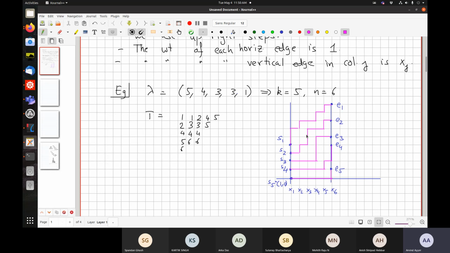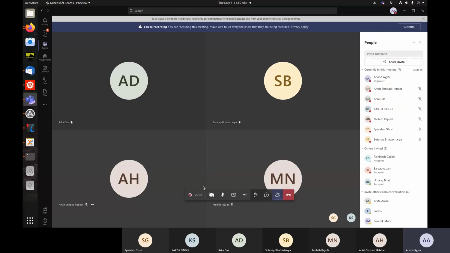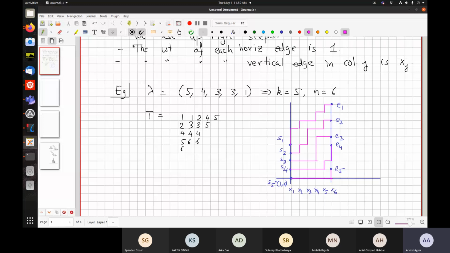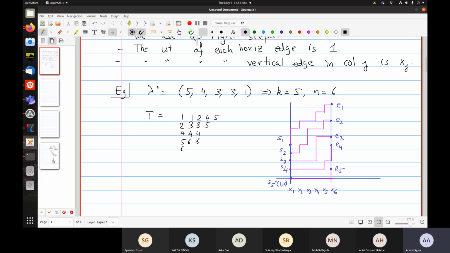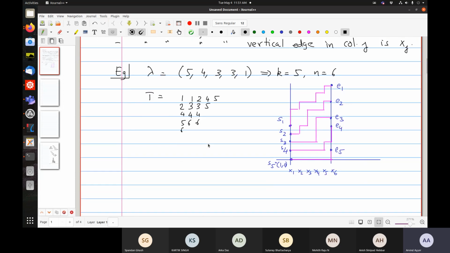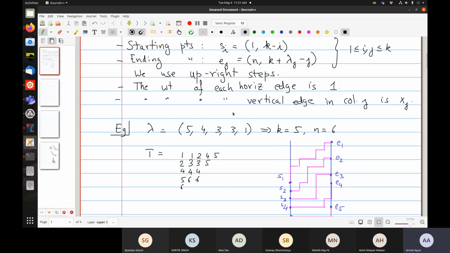So it requires some checking, but this is the key idea. Any questions about this construction? It's similar to things that we have done before. So this is a bijection.